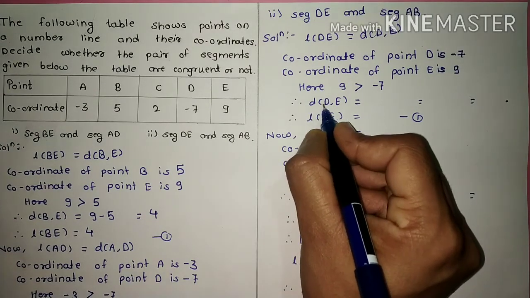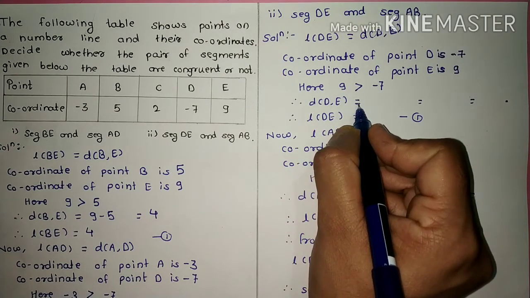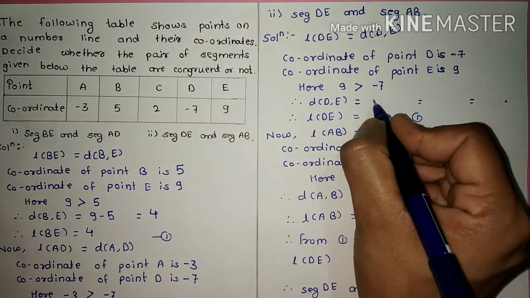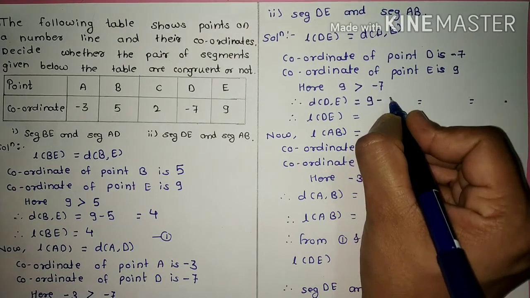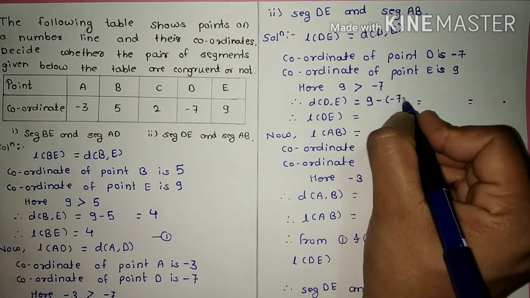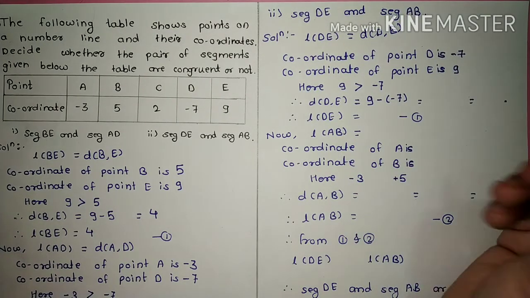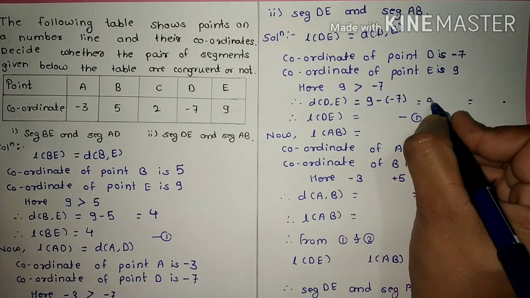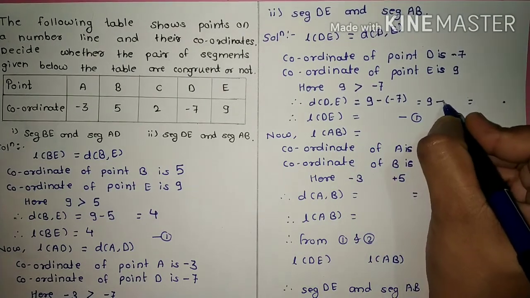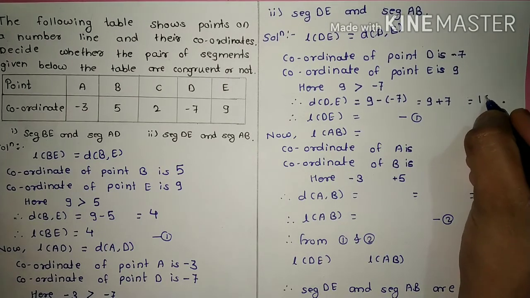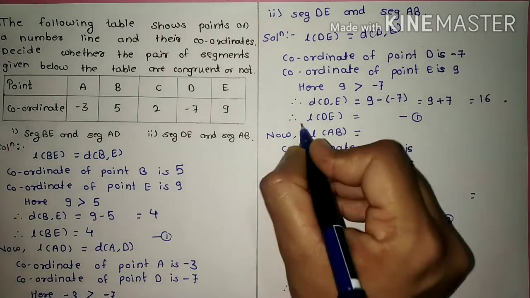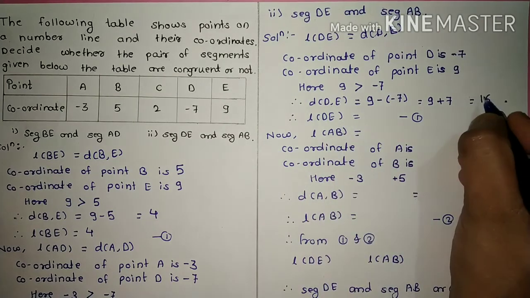Therefore distance between DE equal to subtract smaller coordinate from greater coordinate. Therefore 9 minus of -7, therefore 9 plus 7, which is 16. Therefore length of DE is 16.